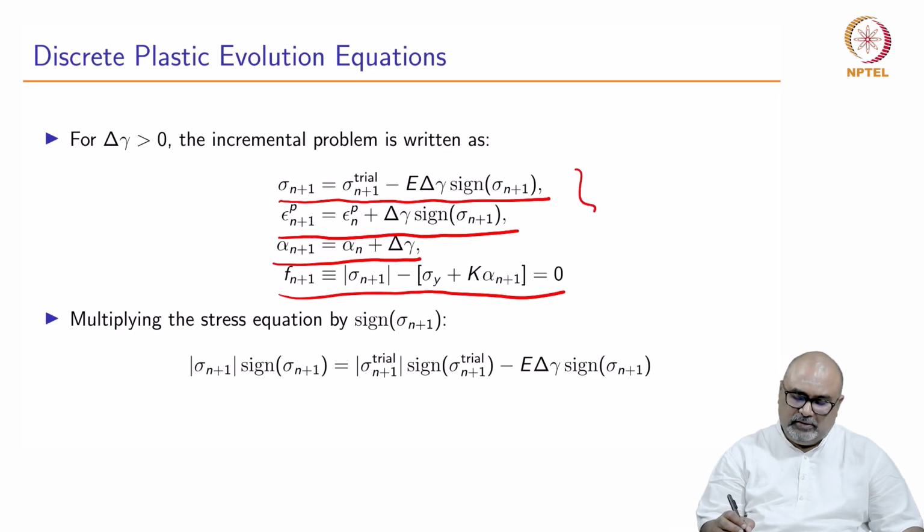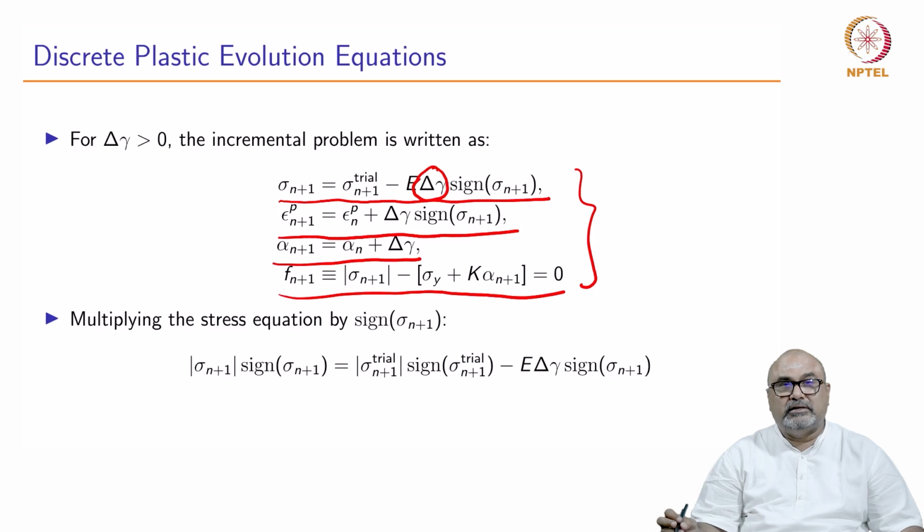So, this is a set of nonlinear equations that we have. The only unknown here is the delta gamma, which once found can allow us to define what is the correction to the trial state we need to apply.